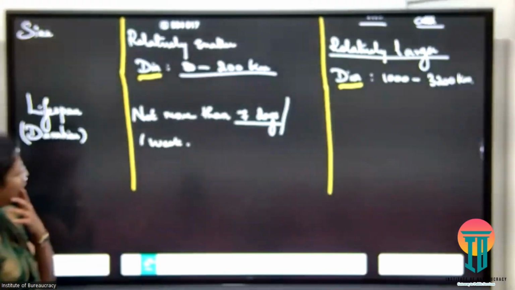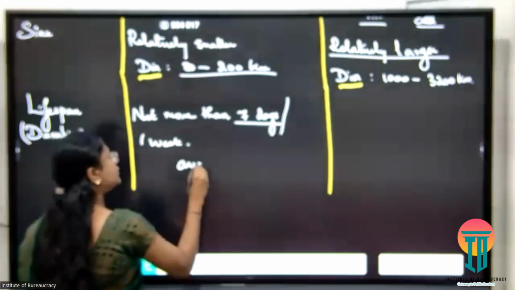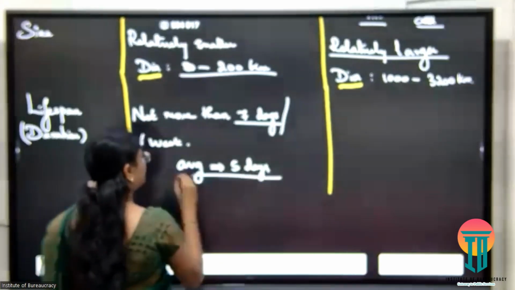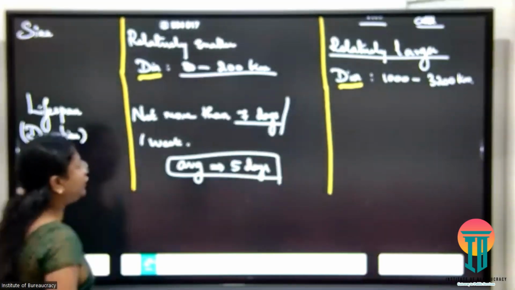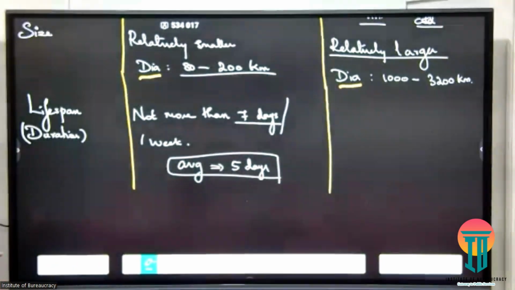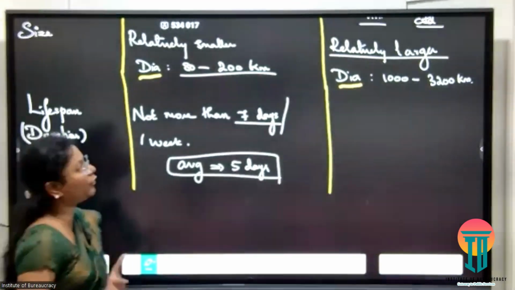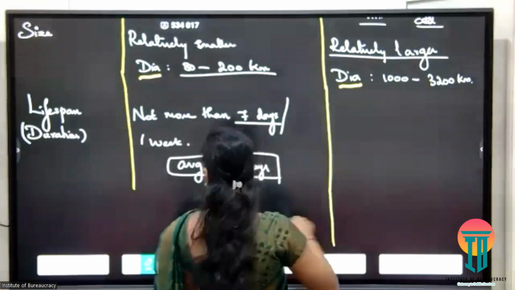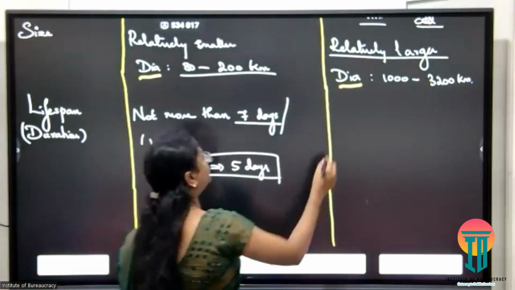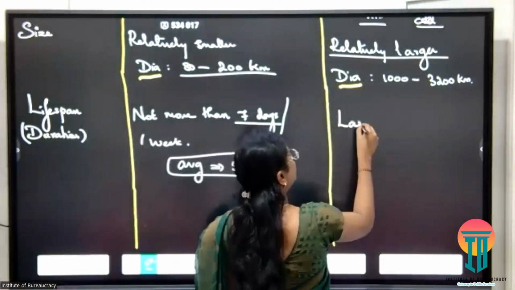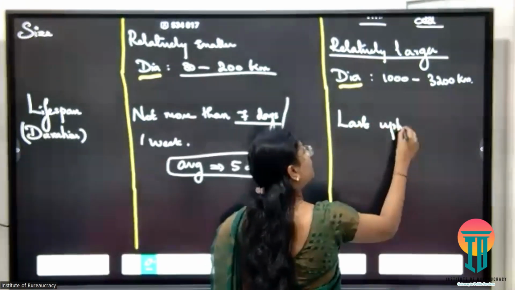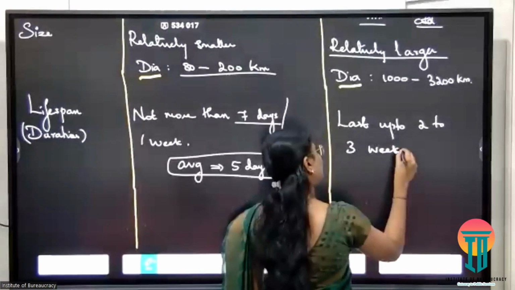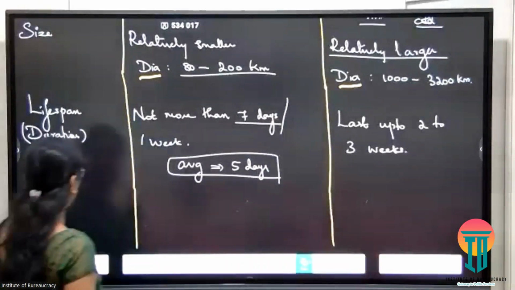The average lifespan lies around 5 days, so definitely not more than 1 week. That is the entire duration from formation until landfall. And what about temperate cyclones? The cyclone can last up to 2 to 3 weeks.